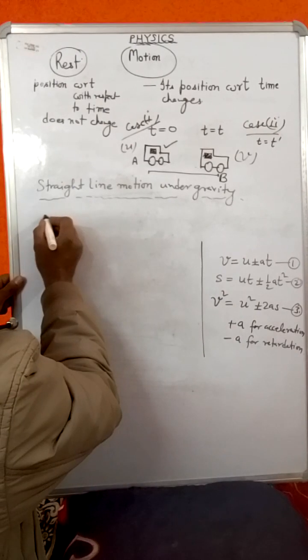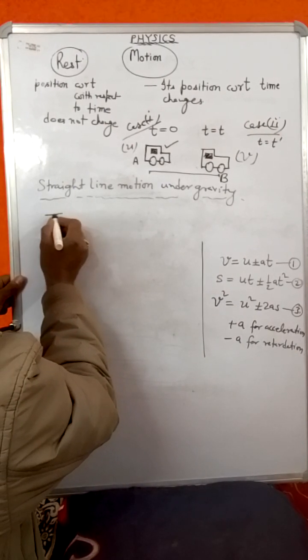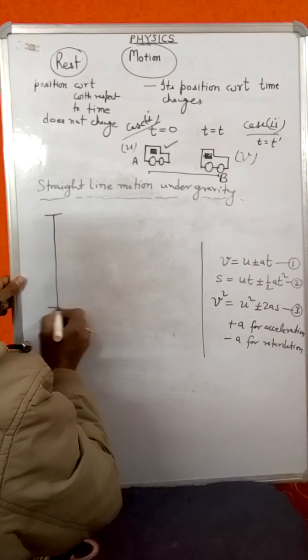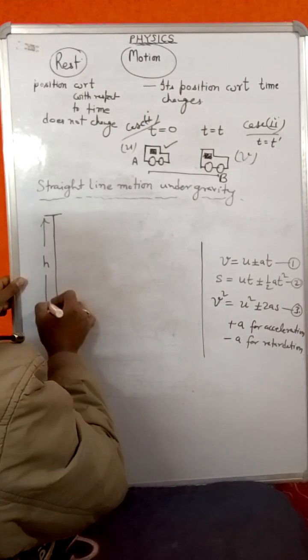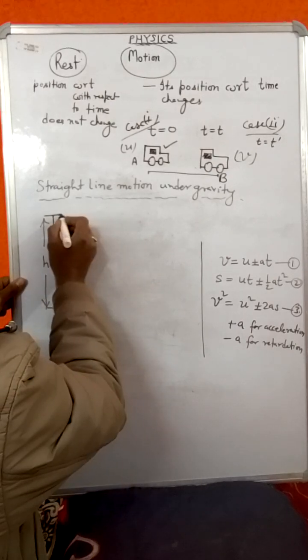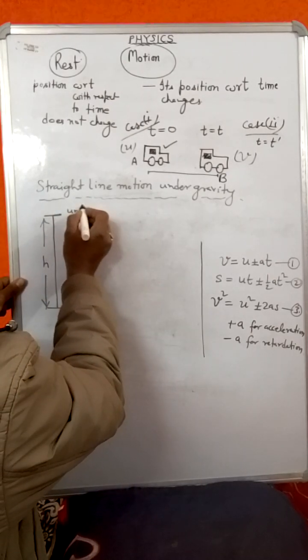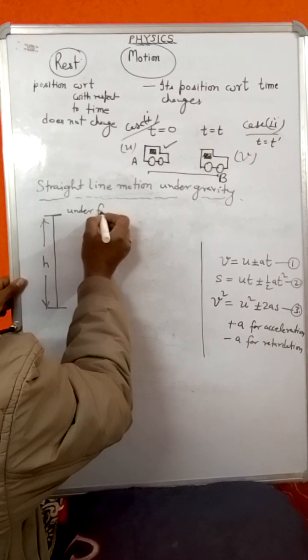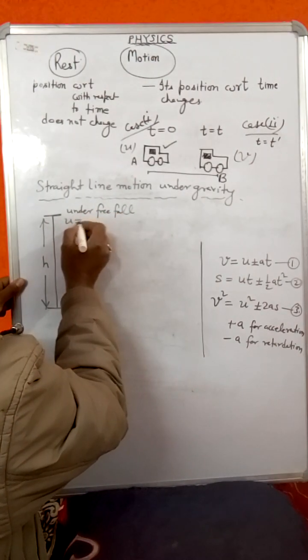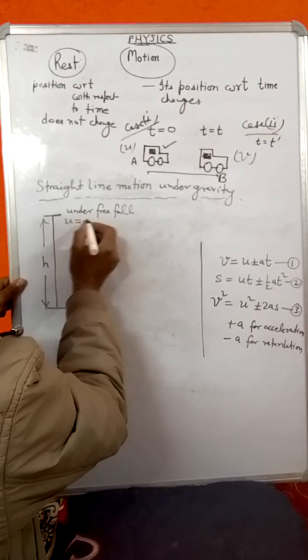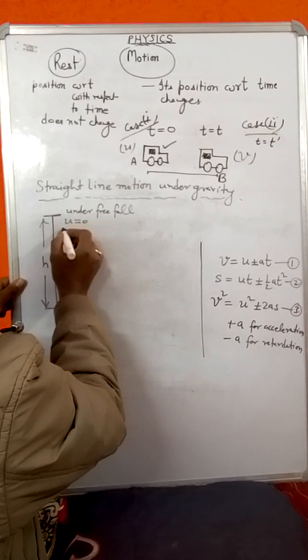Means, let's suppose any body is dropped from a height h, okay, now under free fall, what will happen? u is equal to 0. Now what is u? u is the initial velocity.